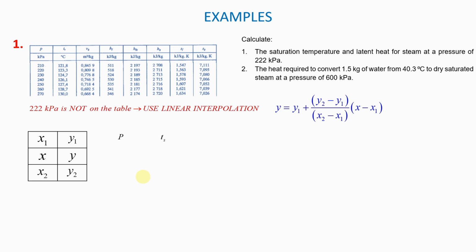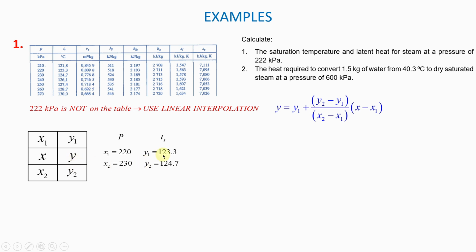And so if we look at these two columns, the one for pressure and the one for saturation temperature, you will see that x1 on the pressure side is 220, x2 is 230, and y1 is 123.3 and y2 is 124.7. But what we're trying to find is y.